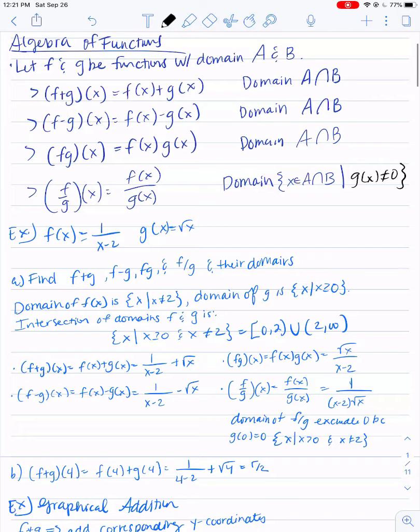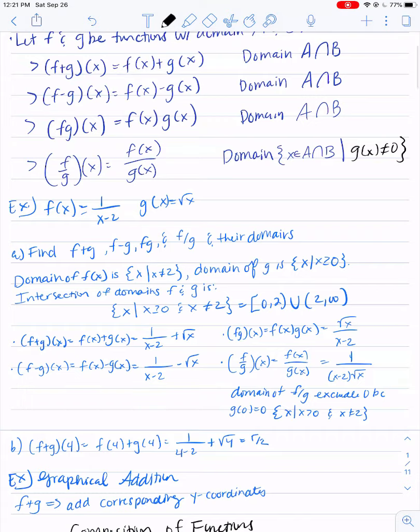Alright, for example, we have f(x) equals 1 over x minus 2, and g(x) equals square root of x. We're going to find f plus g, f minus g, f times g, and f over g, and their domains. The domain of f(x) is x such that x does not equal 2, because that's when the denominator would be 0.